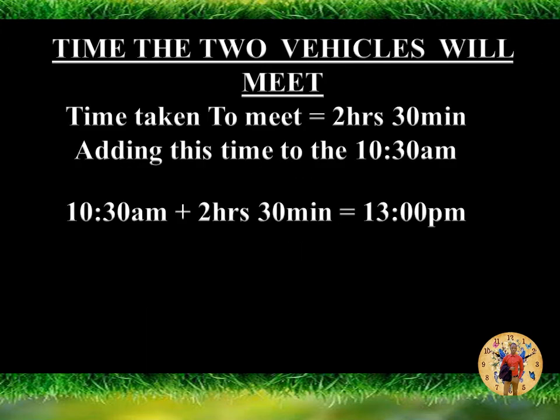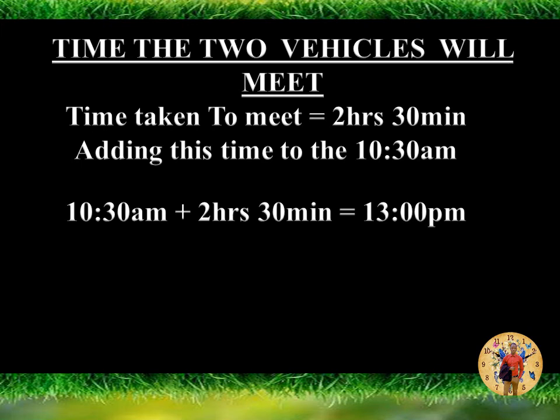So let's find the real time, in the PM or AM, where the two vehicles met. We've used the formula. The time taken to meet, as we have seen, is 2.5 hours. We add that time to 10:30 a.m., because that's the time when the bus and the car were all moving.